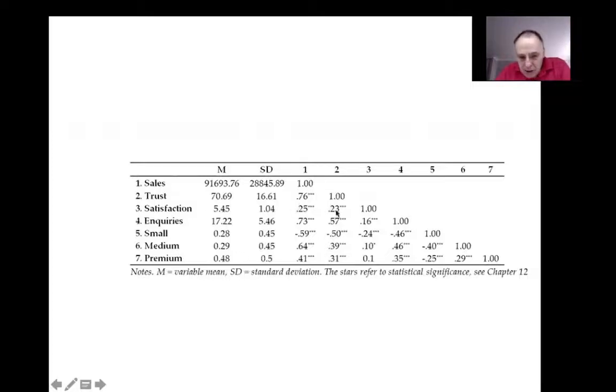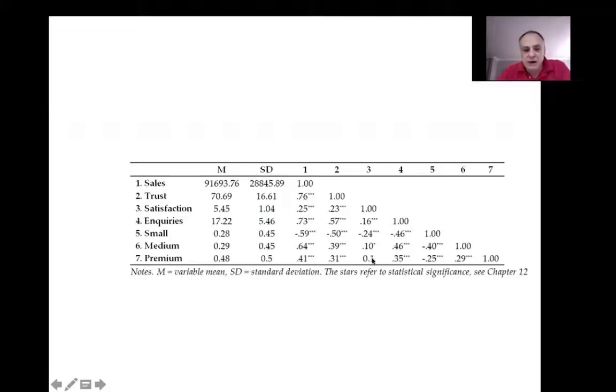And then here are your correlations. And if we're looking to see which is the highest correlated, I would think it's 0.76 over here, if I'm not mistaken. So your sales is very closely correlated in this case to trust. So chances are that if there's great trust, you'll have more sales. That's what that is telling you.